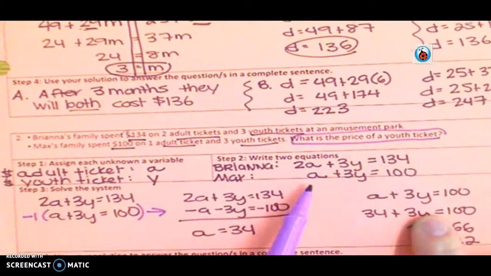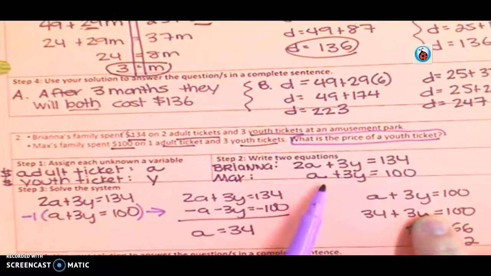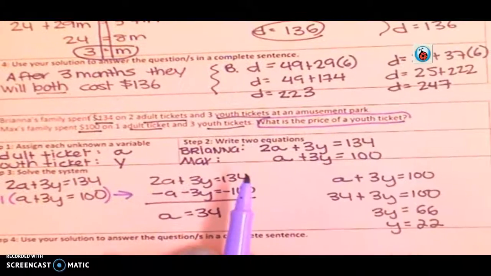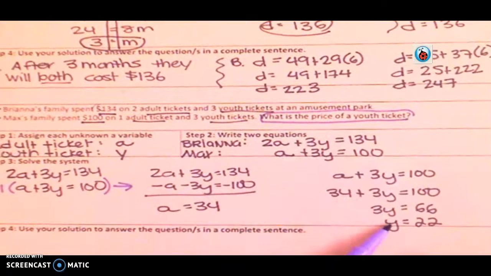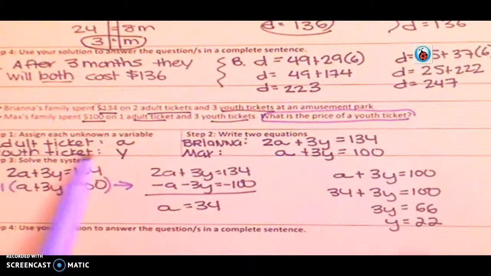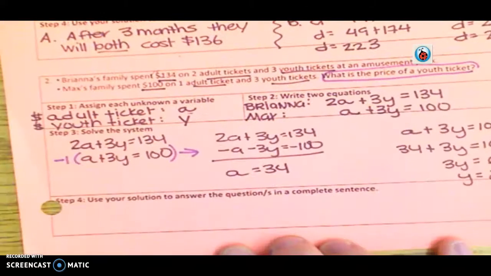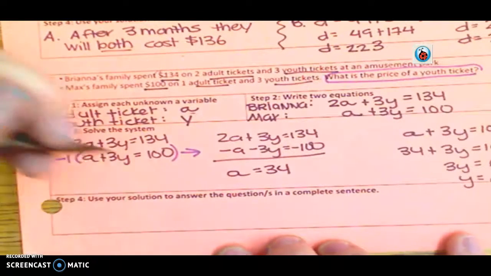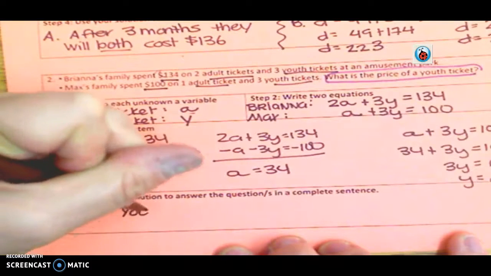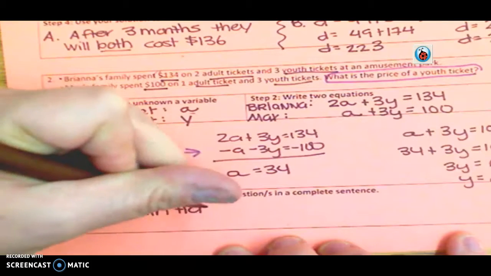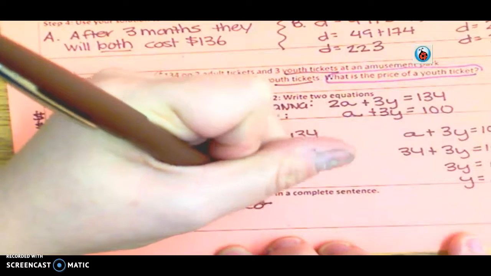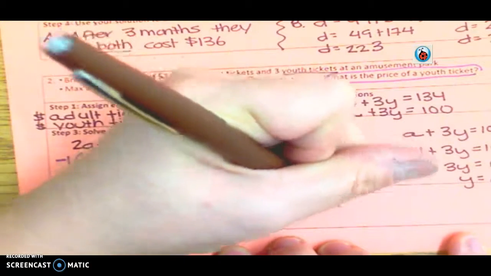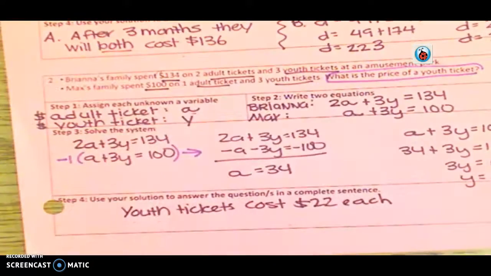So I did that by using Max's because it was the easiest one to do, in my opinion. I got y equals 22 because that was what I used for my variable. So then put that into a complete sentence. All right, youth tickets cost $22 each.